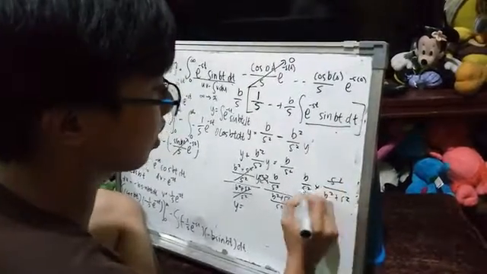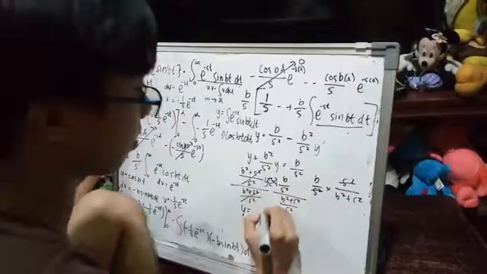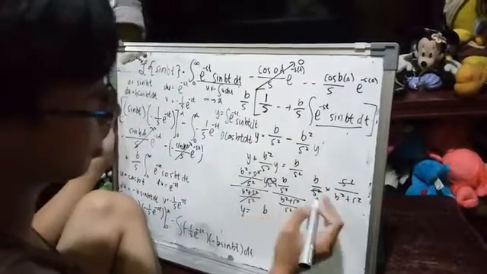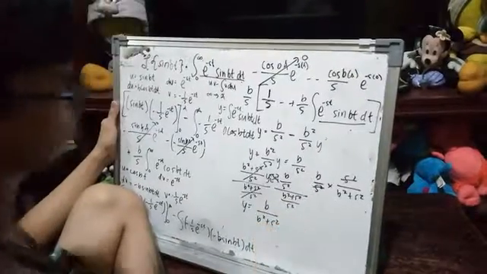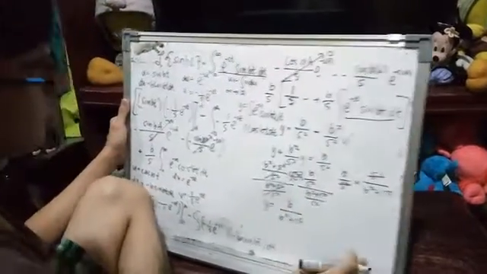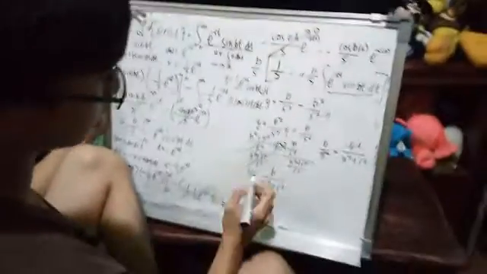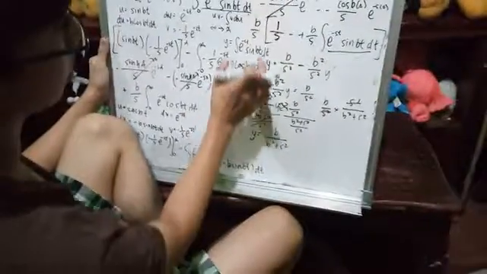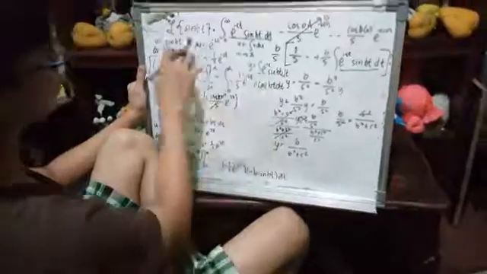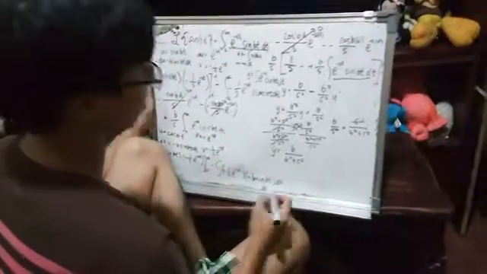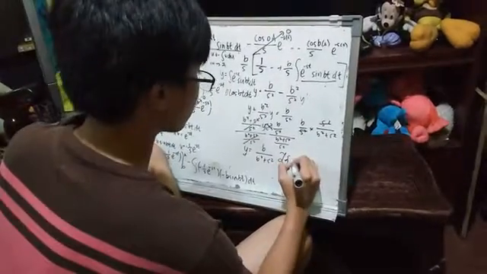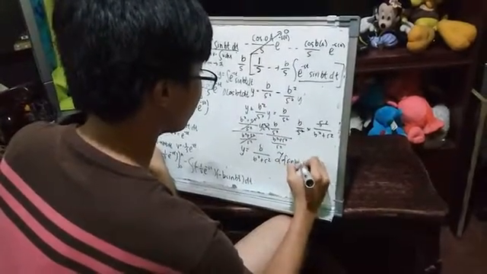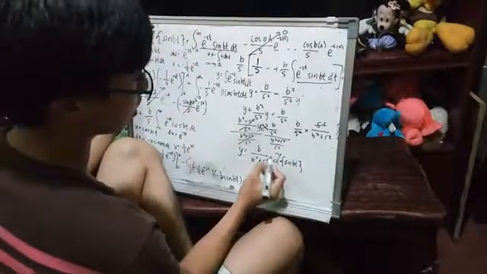The s squared will cancel, leaving b over b squared plus s squared. This y you can replace with the Laplace of sine bt. So we can conclude that the Laplace of sine bt is equal to b over s squared plus b squared.